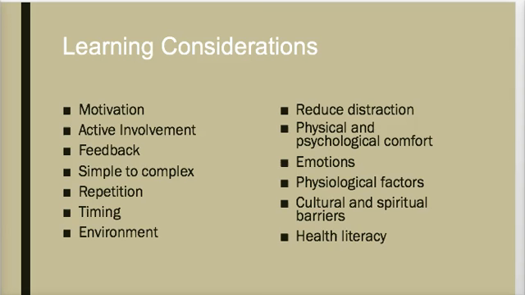Physiological factors such as pain, impaired hearing, critical illness will also impact the person's ability to learn. It actually affects the ability to concentrate. There also are considerations as far as cultural and spiritual barriers. There may be language or value differences. So we need to take this all into consideration.